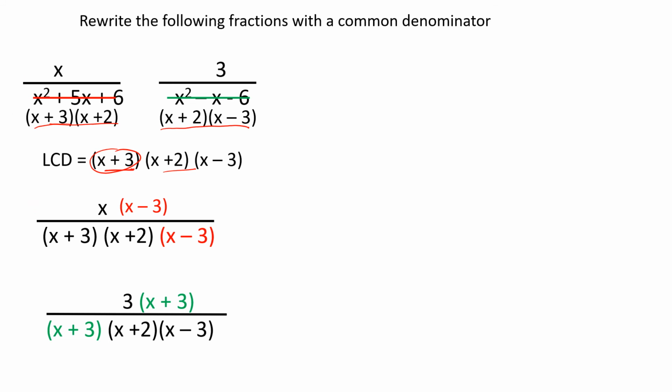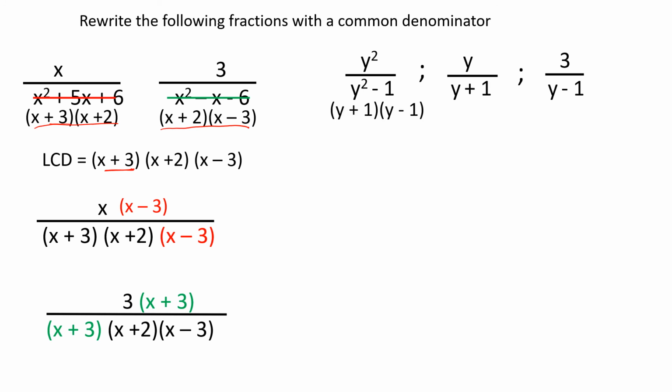All right. Let's look at another one. Here they're giving you 3 fractions. You might want to try this one on your own. They want you to write a common denominator for each one. So looking at the first fraction, the denominator is y squared minus 1. We're going to factor that, because it's a difference of squares, to y plus 1, y minus 1.